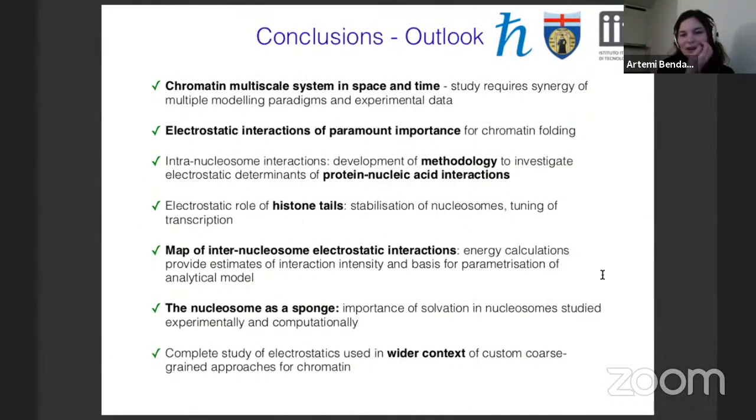It is very highly solvent accessible, which therefore means that we absolutely should take into account solvation in the systems, and nucleosomes should be modeled as rigid spheres with a lot of care and a lot of attention to that. And finally, we want to place our study of electrostatics in the wider context of the custom coarse-grained approaches for chromatin.